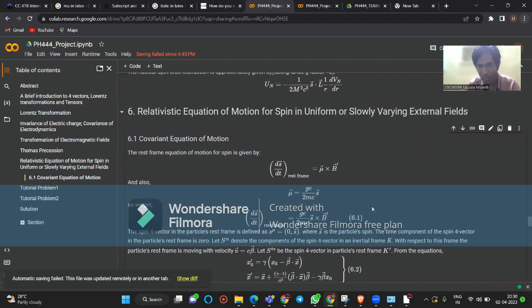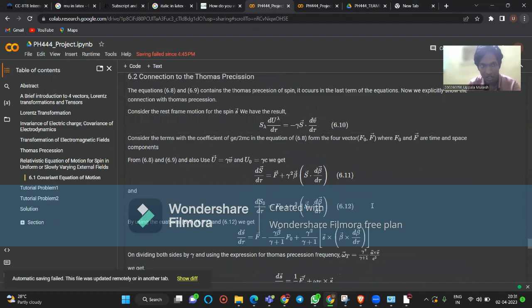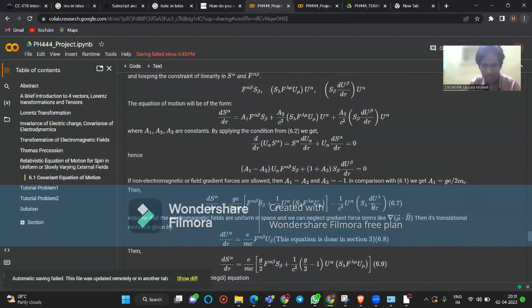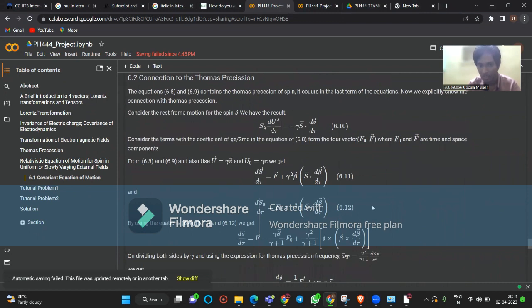It is for the spin, and at the end of section 6.1 we'll have the equations for dS by d tau. And in that equation, we'll get the term for Thomas precession.